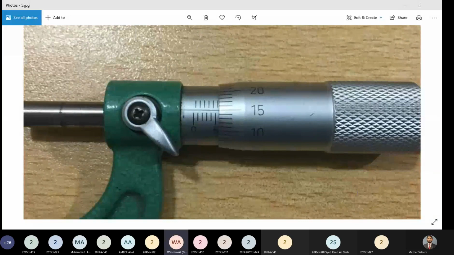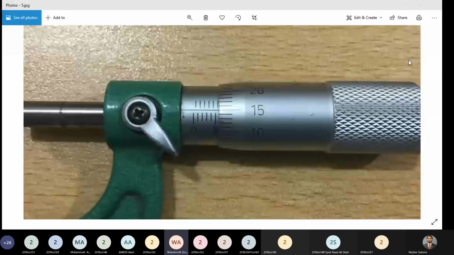It gives us 5.65 millimeters. So this much is the current reading on the scale.